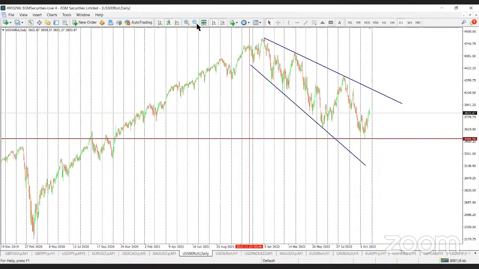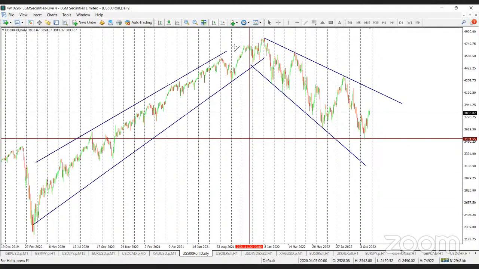In this case, we can see a very clear trend. We can see that the S&P was on an uptrend from 2020, exactly, from February. And then from the beginning of the year, we had a downtrend. We can have reasons to explain what created the uptrend.